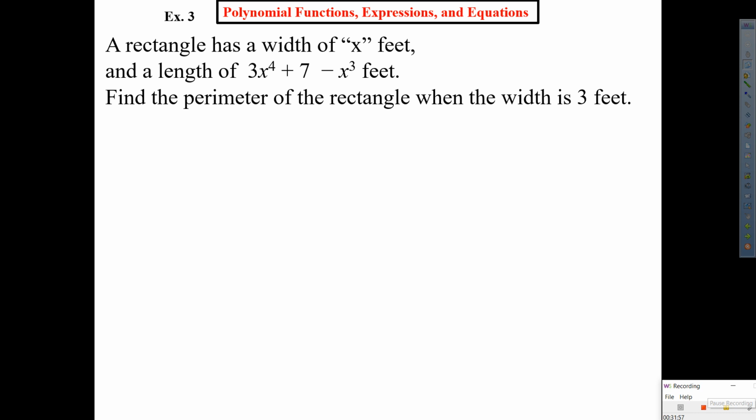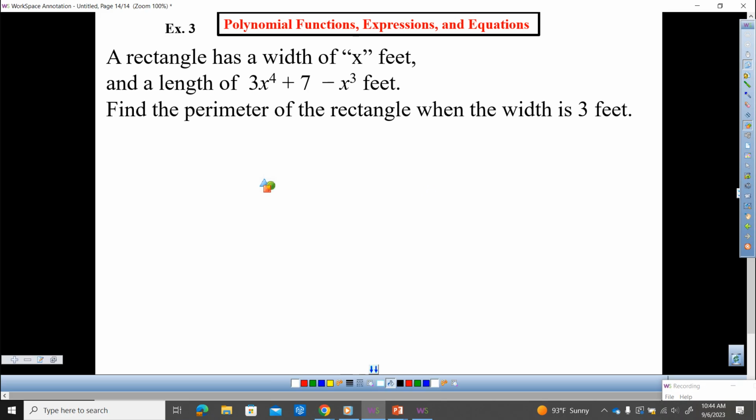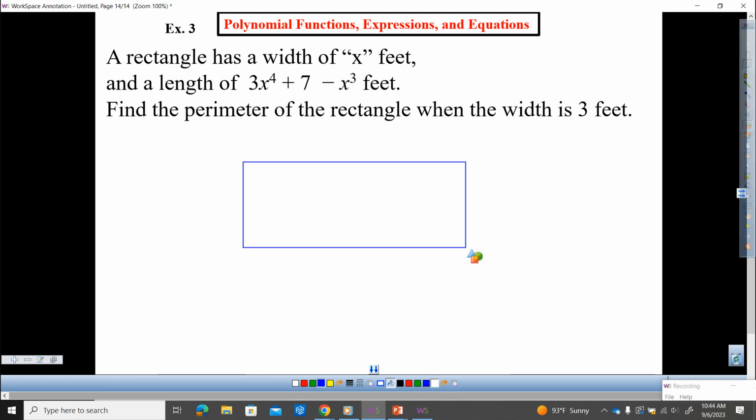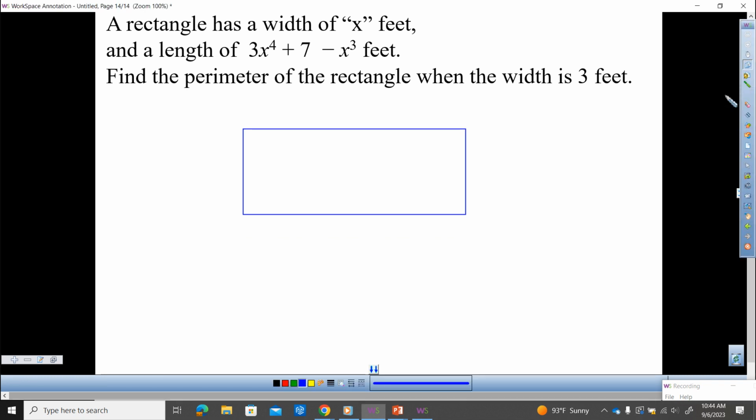He's got that already. All right, so first things first, we're talking about what figure? Everyone? Rectangle. So draw me a rectangle, please, so we can get started with labeling. We're going to say that this part down here is the length and this is the width.